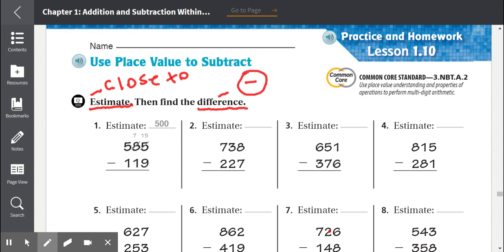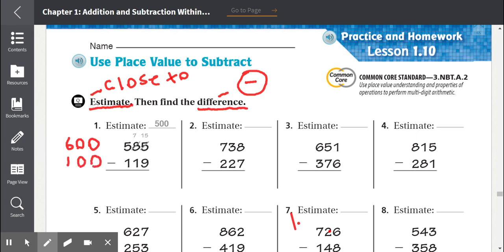Number one, we have 585 minus 119. First step is we estimate. So let's round 585 and 119. 585, if we round to the nearest hundred, would be between 500 and 600, but it would be closer to 600. 119 is between 100 and 200, but it is closer to 100.